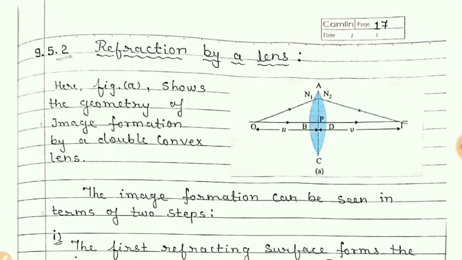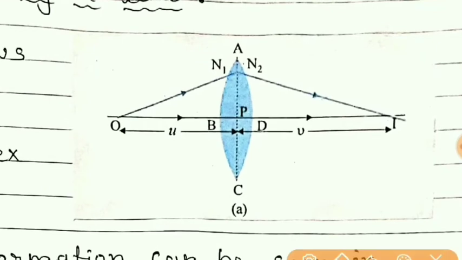Now refraction by a lens. Students, you can see here in the figure that a lens has two curved surfaces, this one towards the left side and this one towards the right side.